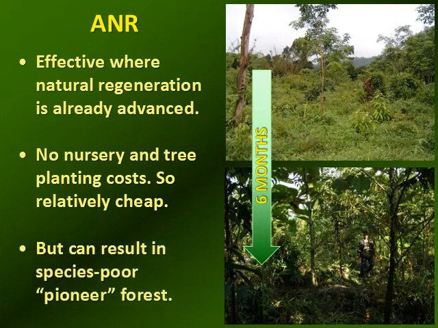But it can result in a species-poor forest, which is very rich in the light-loving, fast-growing pioneer forest tree species which naturally colonize open areas. You might not get the full recovery of biodiversity, including the trees that are characteristic of old mature growth, unless you at a later date start bringing some of those trees in and planting them. But ANR is certainly a very effective way to kickstart natural forest recovery.